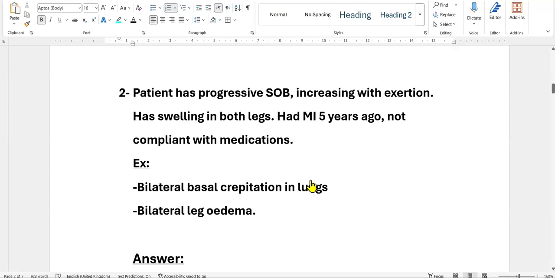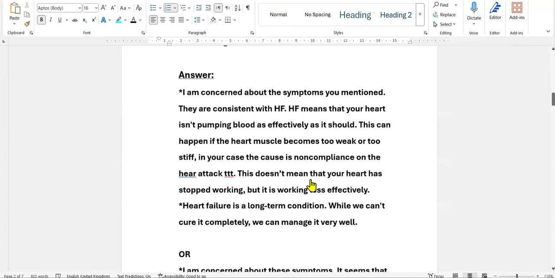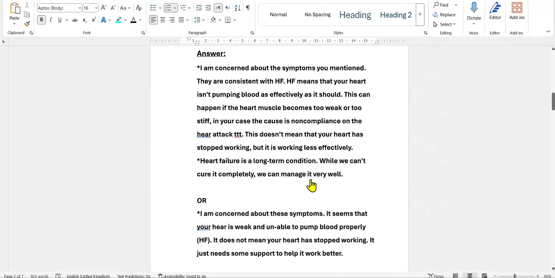All right. So here, this is a model answer if you want to take it with you, doctors. I'm concerned about the symptoms that you mentioned. They are consistent with, or suggestive of, heart failure. Heart failure means that your heart isn't pumping blood as effectively as it should, or it's weaker than it should be.